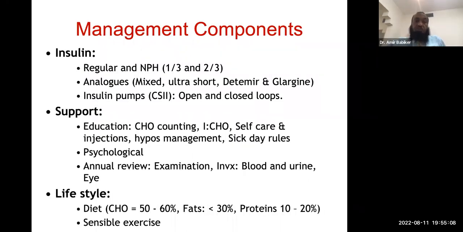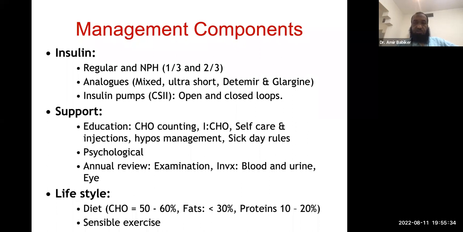So the management components include insulin and support in terms of education about carbohydrate counting, insulin carb ratios, self-care, testing, injections, hypo-management, sick day rules, and psychological support, okay? Any patient with chronic illness requires this, especially when receiving medications by injections.